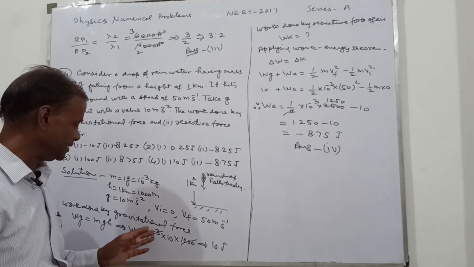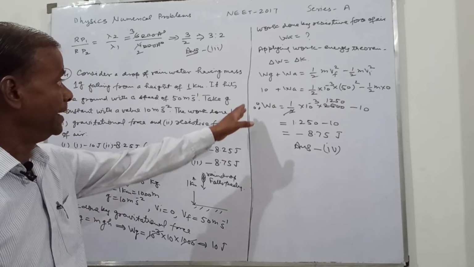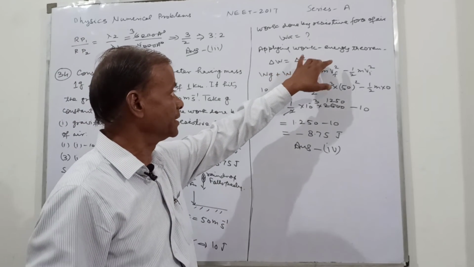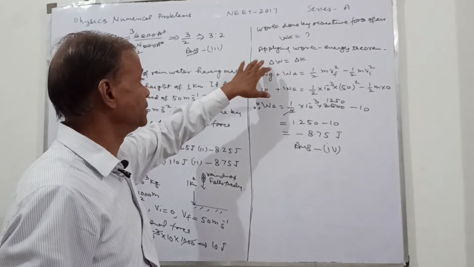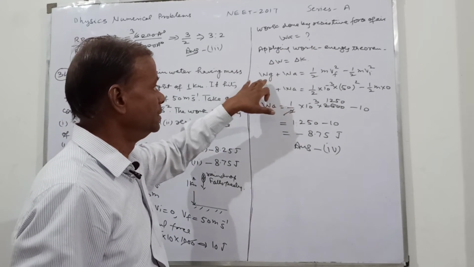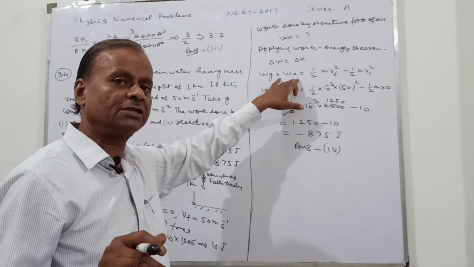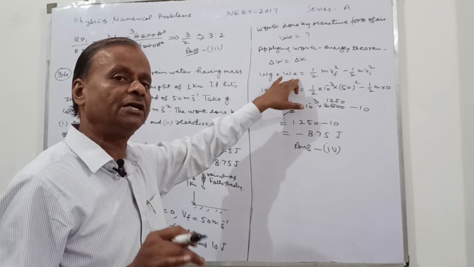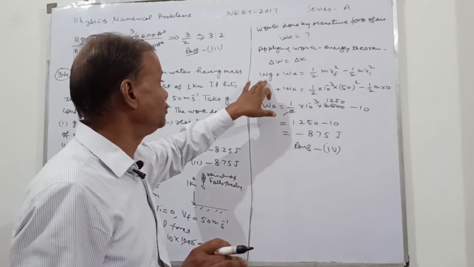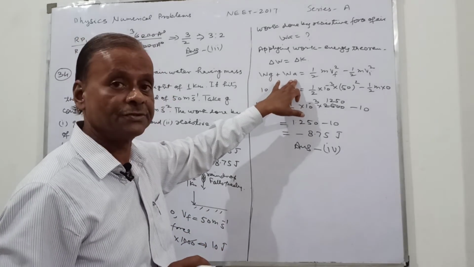So first you find the gravitational force, and in applying the work energy theorem, always remember that here we take the total work done. There is no meaning of positive and negative. If the question gives it to be negative, then you take it to be negative. Otherwise, you take the sum of the two work done.